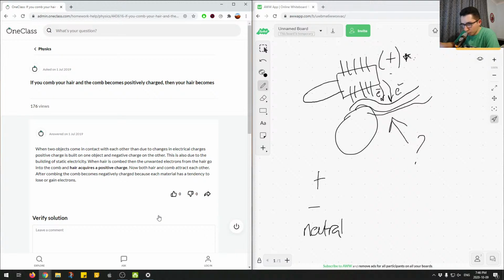Because you're adding more electrons to your hair, and your hair would initially be neutrally charged, your hair is going to get a negative charge. That's the way to think about it. For any materials, you're trying to think about how the electron transfer is occurring. Since we end up with a positively charged comb, we'll end up with a negatively charged hair.